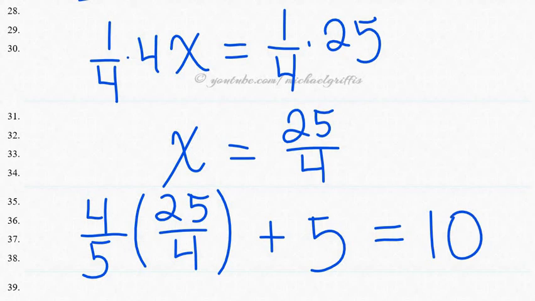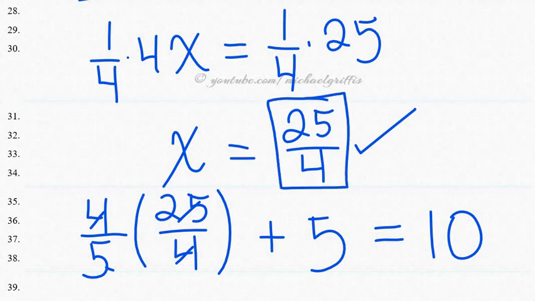Well, as you can see, the 4's cancel out, and 5 goes into 25 5 times. So that ends up all becoming 5, and 5 plus 5 is 10. So we can check that off as being one of our solutions. Actually, it's the only solution to the equation.